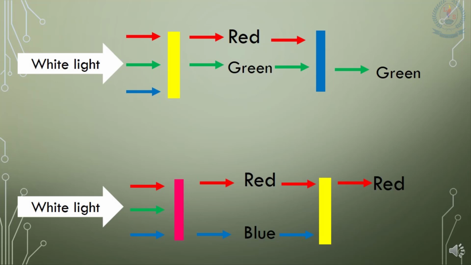And if we try to pass this red color and blue color through a yellow color light filter, what colors will get absorbed and what colors will pass through? Yes, only red color will pass through the yellow color light filter, because when we take red and green colors together, we get the secondary color yellow.